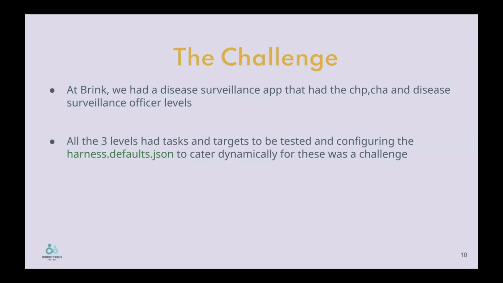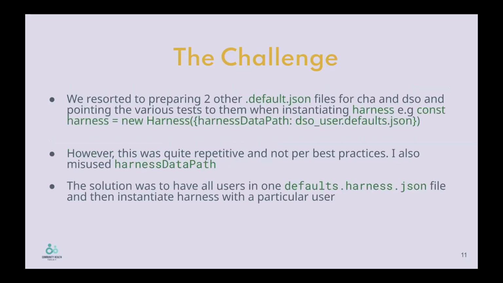So all in all, there were 3 levels that had different tasks: the CHP, the CHA, and the disease surveillance officer. Our challenge was testing the tasks at these different levels: the CHP, the CHA, and then the DSO.